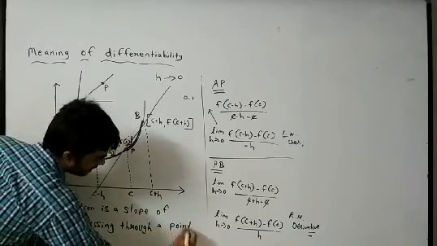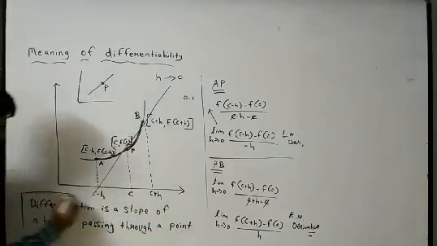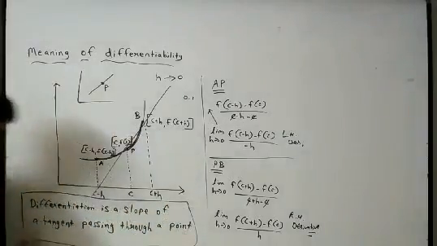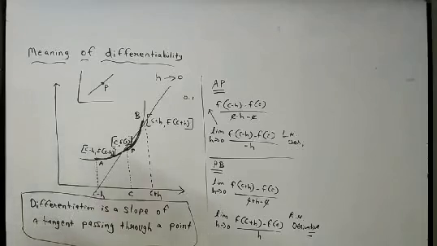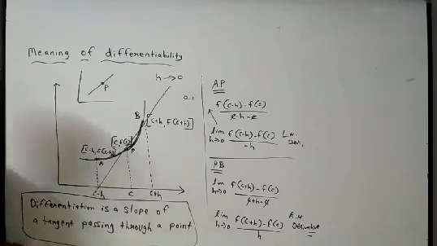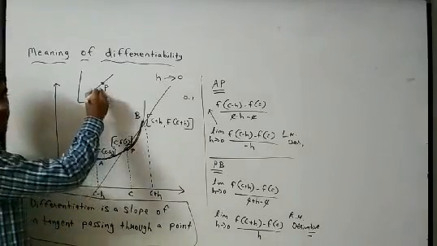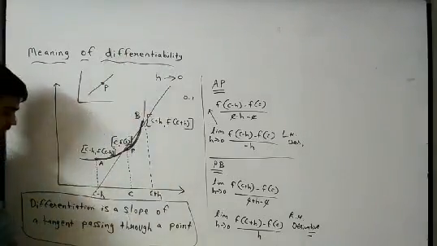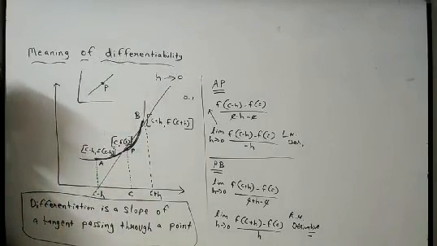This is the definition or meaning of differentiation. Differentiation is the slope of a tangent passing through a point. So this is our meaning of differentiability. If we take a point, the slope of the tangent passing through it is the derivative. That is the meaning of differentiation.